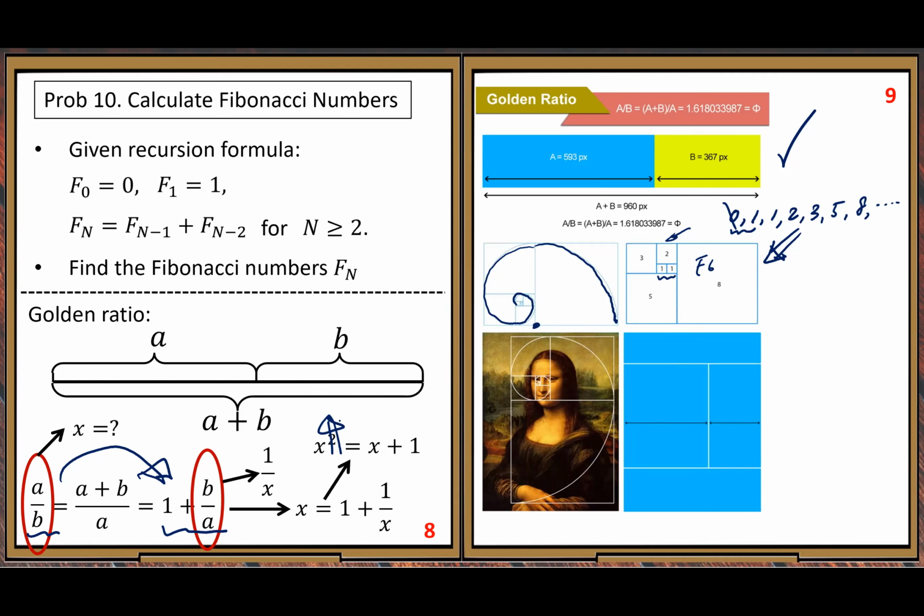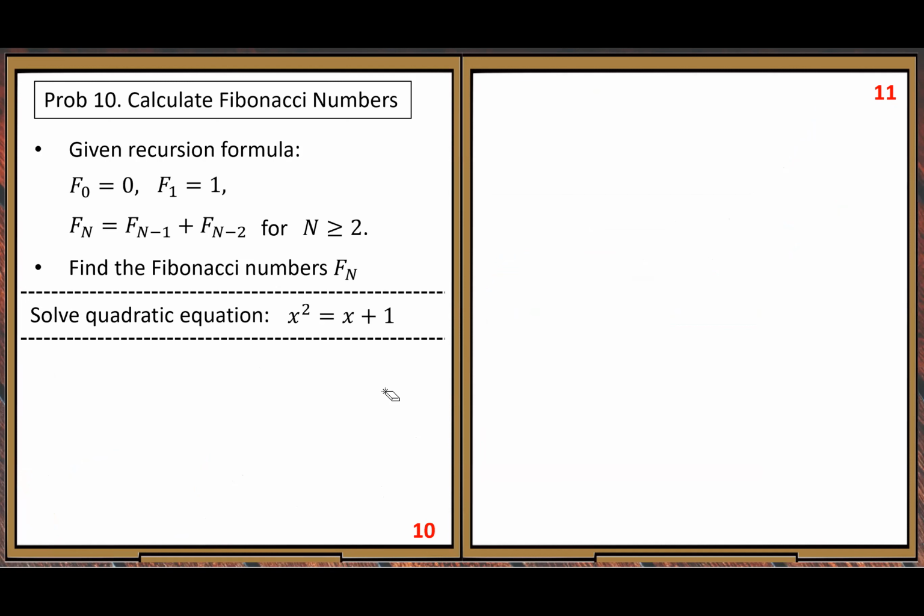All right, so let us remove the denominator. We have x squared equals x plus 1. That is a quadratic equation. So we need to solve this quadratic equation, and we know there is a quadratic formula we can use.